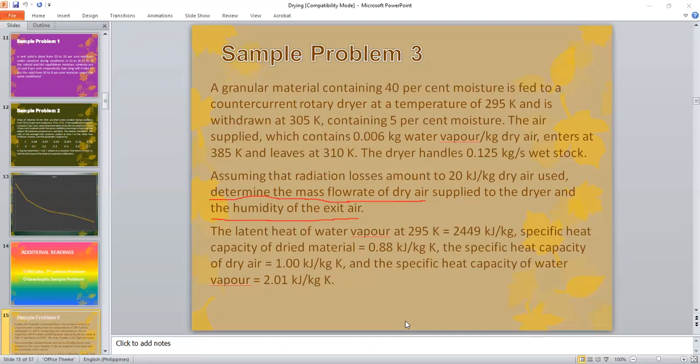And let's say you're given this particular problem. It does not involve any design. You don't design your dryer in this case. All you have to do is determine the amount of dry air that you will be using in enough amount to dry your material to the specified condition and the humidity of that particular dry air. So this will tell you, class, that this particular problem will simply apply previously learned principles on heat transfer, energy balance, mass balance, and everything in between that you have learned already.